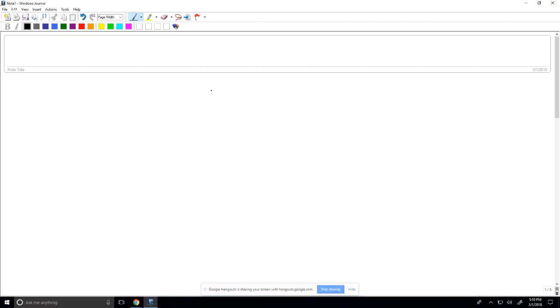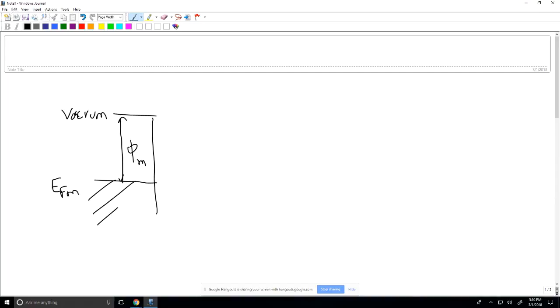So here I have, okay, let me get my notes. So here is my metal. This is my vacuum level, EFM, and this is my work function for the metal. All of these energy states are full.